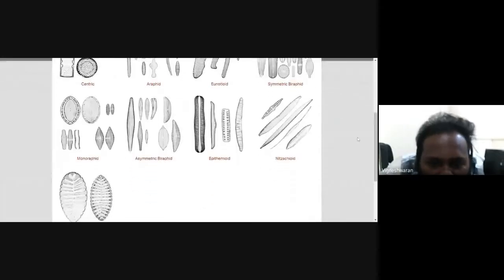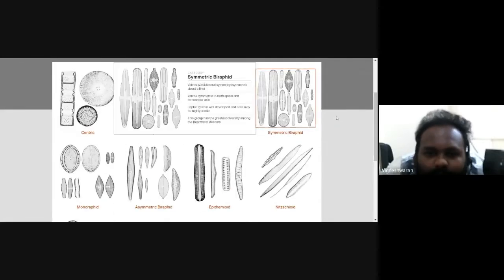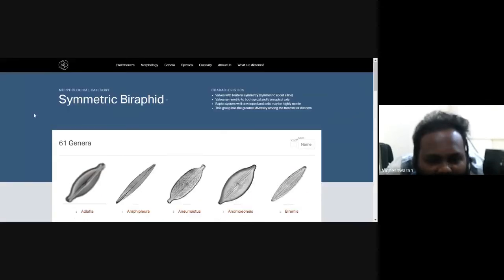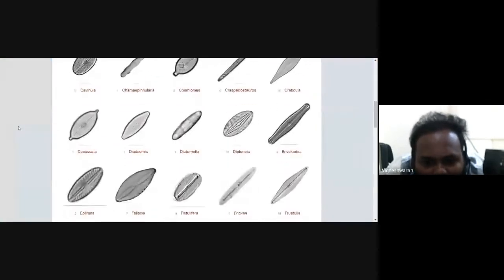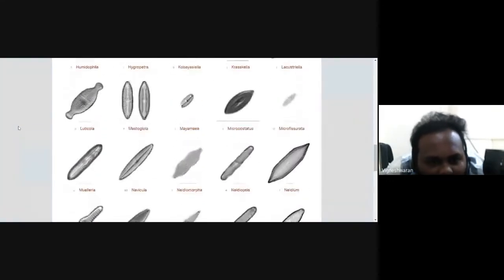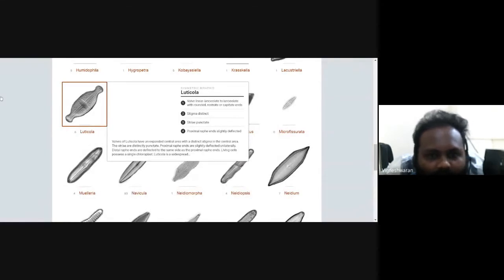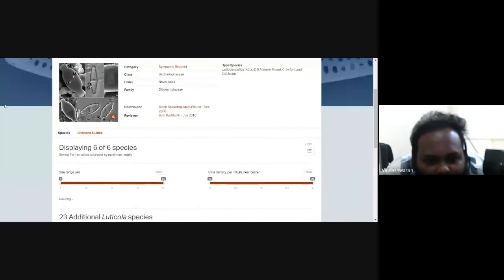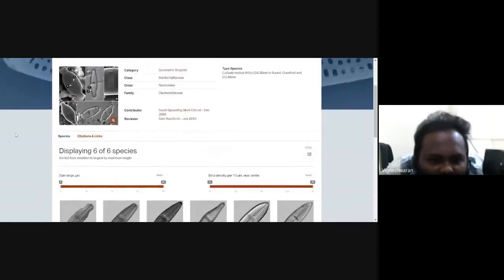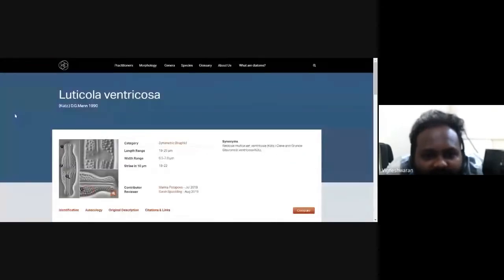Here I will go to one individual species, then you will understand a little better. For example, we will go to Luticola. Here they found 6 different Luticola species.